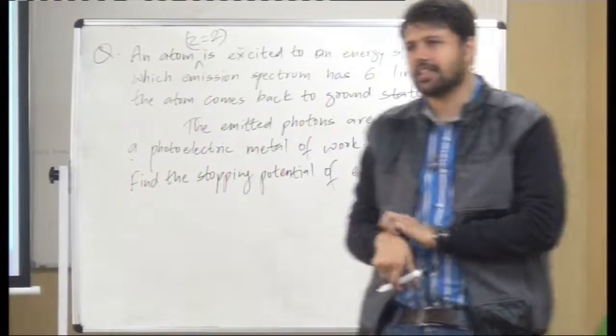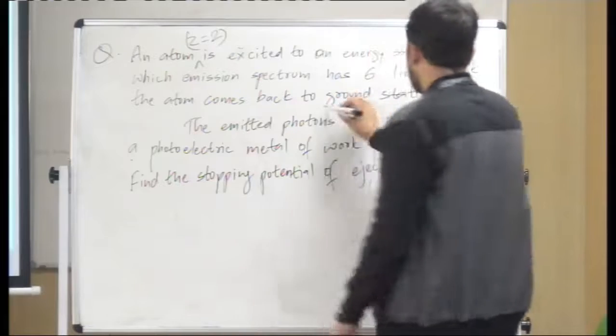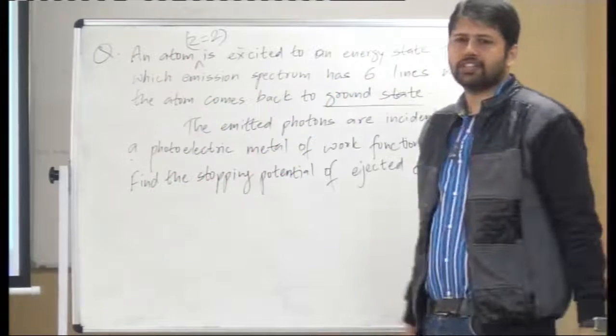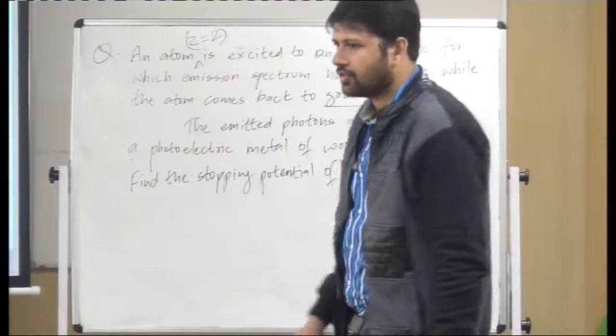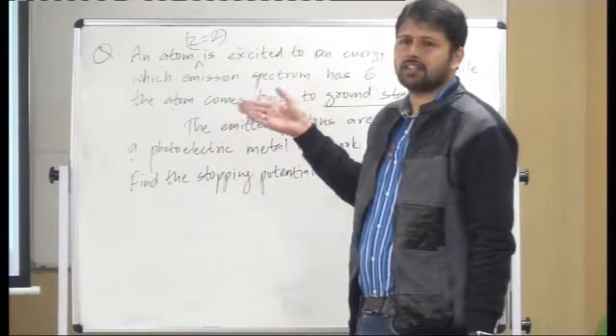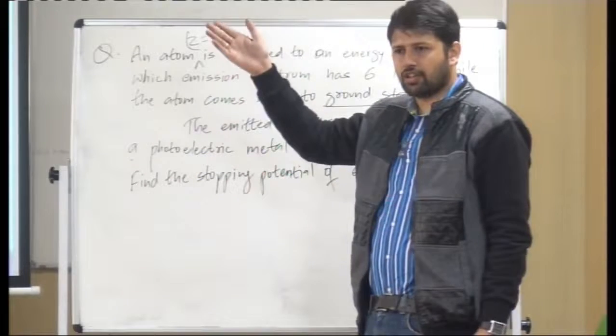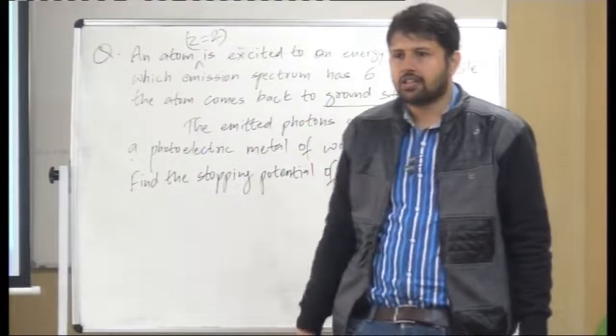Emission spectrum has 6 lines, and the final state is ground state. It can happen only when the initial state is 4C2. So the excited state is n equal to 4, and from there the electrons come down.